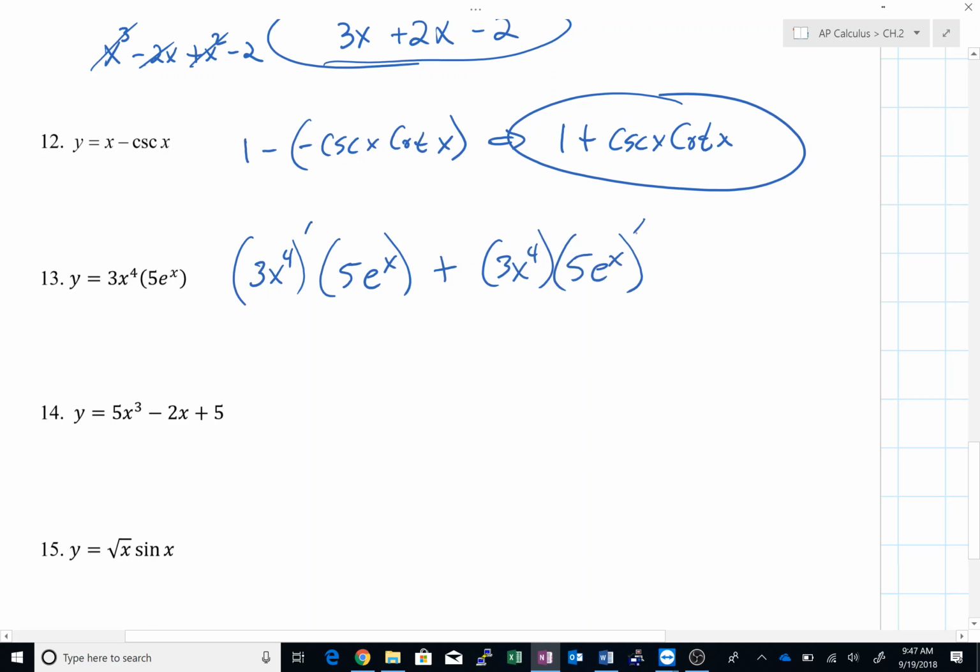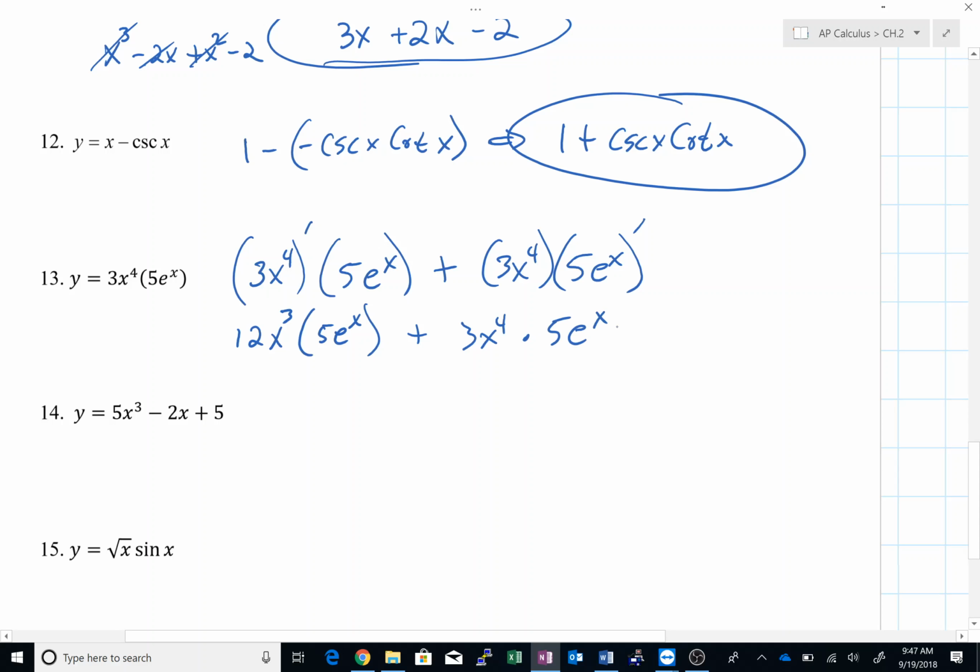And I'm going to differentiate that. All right, here we go. We got the derivative of 3x to the 4th, which is 12x cubed, times 5 e to the x, plus 3x to the 4th. And the derivative of 5e to the x is 5e to the x. Okay, we ignore the constant, differentiate e to the x, and then tack our constant back on.